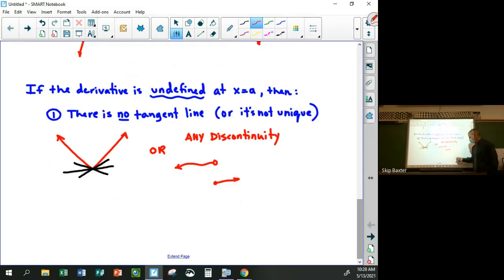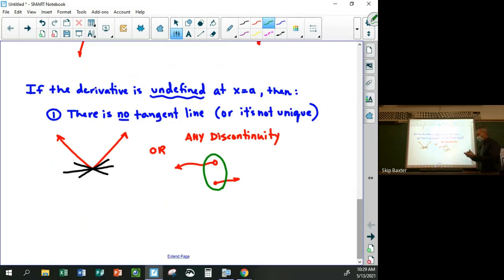If I zoom in to this section of the graph, there's no way I could draw a single line that approximates the function at that x value. It's impossible, right? Because part of it's up here and part of it's down there. There's no line that's going to approximate that whole thing. It's never going to look like a line, no matter how much I zoom in on that x value. Now maybe it'll look like a ray up here and a ray down there, but that's not a line. They might have different slopes or whatever, right? So it's not unique.